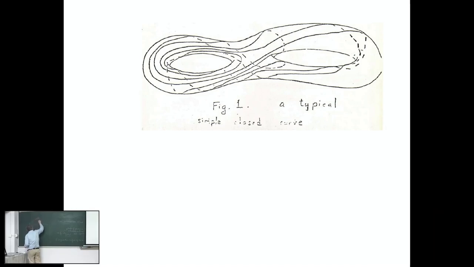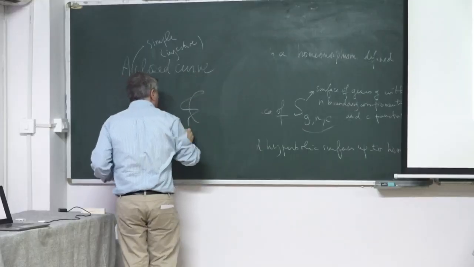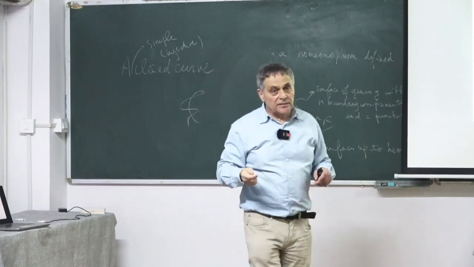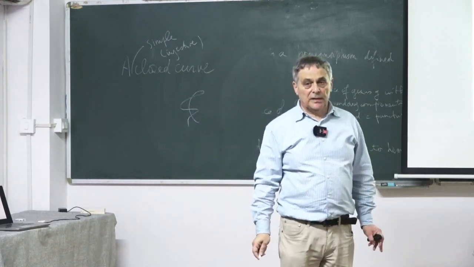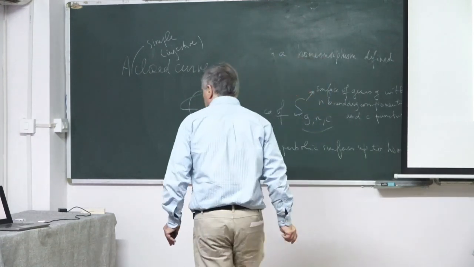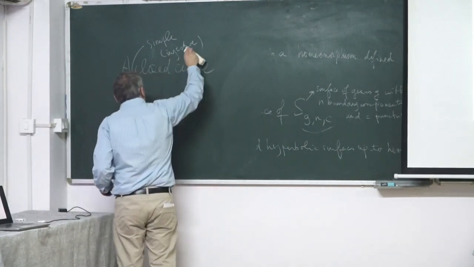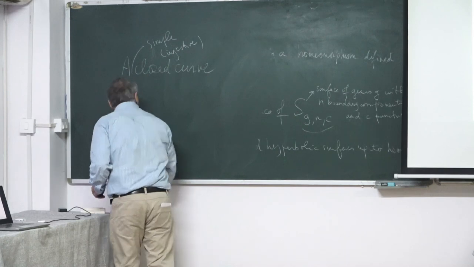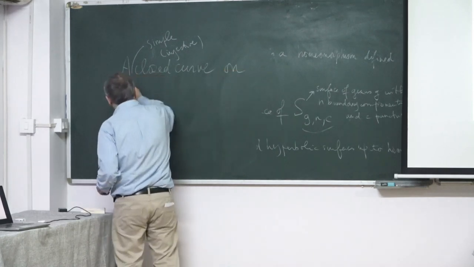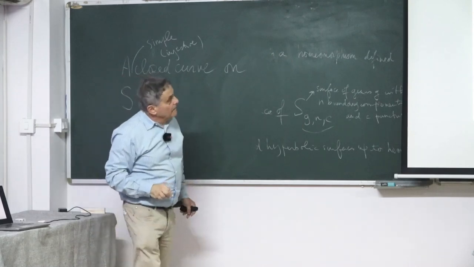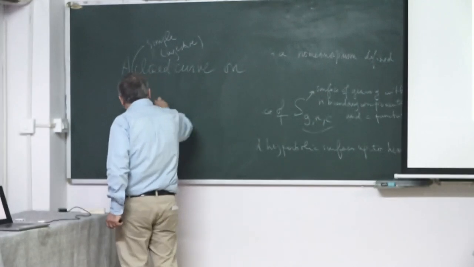Simple means injective. That is, I'm not considering curves with double points. Just injective maps from the circle to the surface. So, a simple injective closed curve on the surface S is non-homotopic.